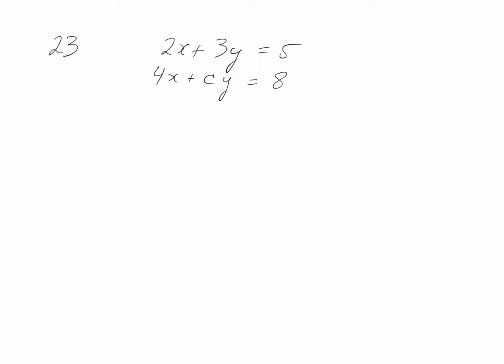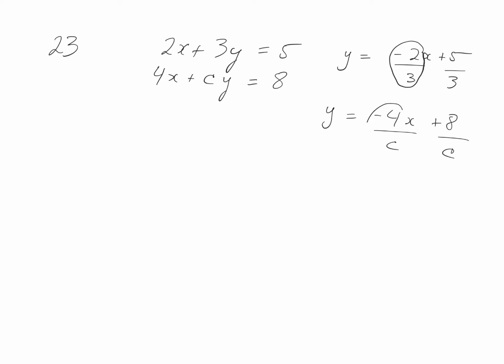So in this case, we have y is going to equal -2x plus 5, and then we're going to divide both by 3. And there's our slope. For the next equation, y is going to equal -4x plus 8, and then I divide both sides by c, divide by c, divide by c, and there's my slope.